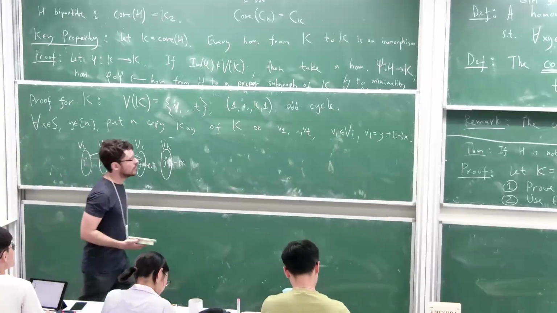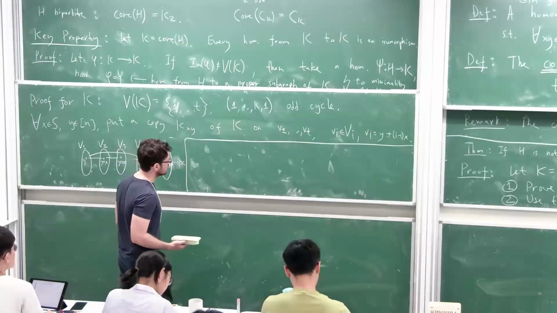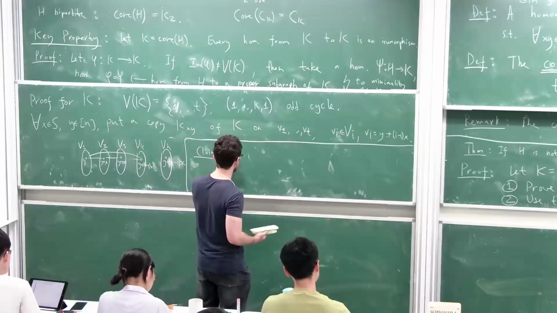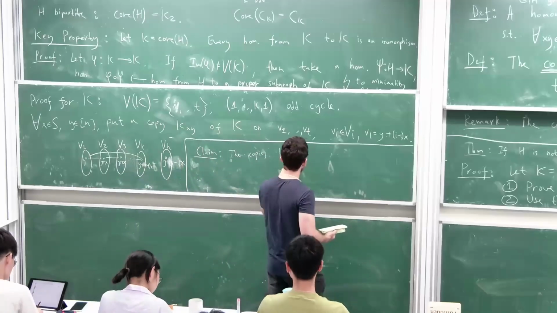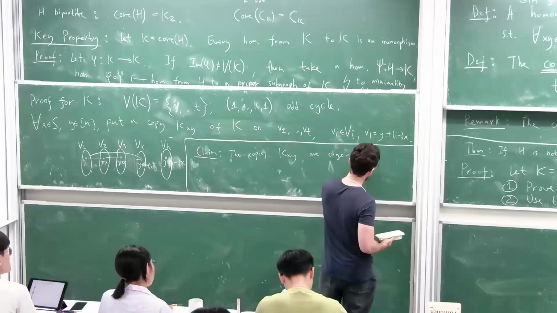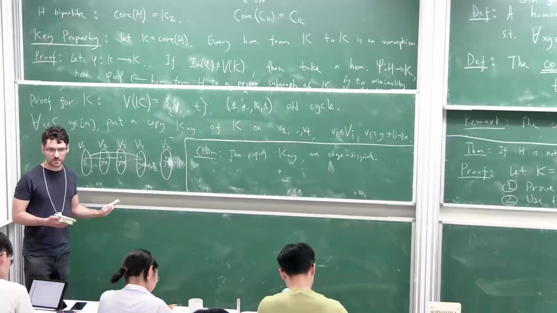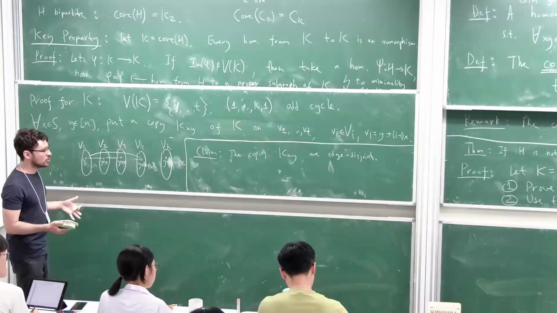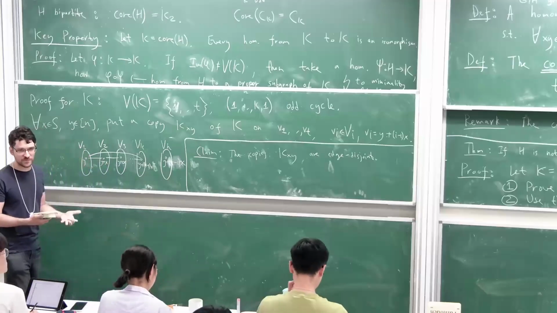And now we need to show that this works. The first thing that we can show is that the copies are edge disjoint, and this is exactly like we had before. And the second thing is that we want to estimate how many copies we have in total. We want to say that we have many edge disjoint copies, but on the other hand, we have few copies in total.